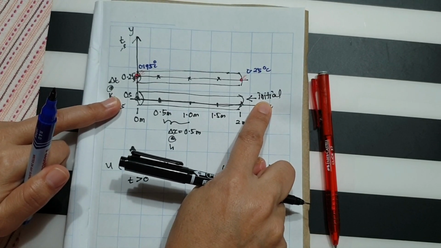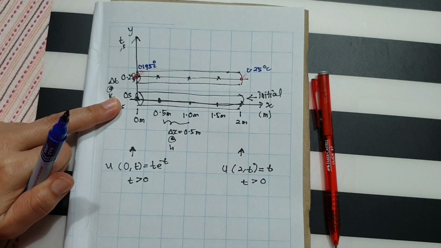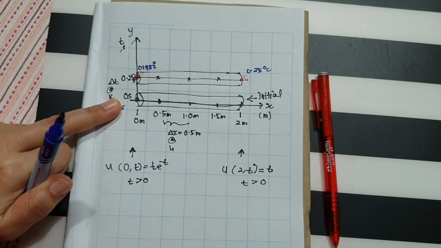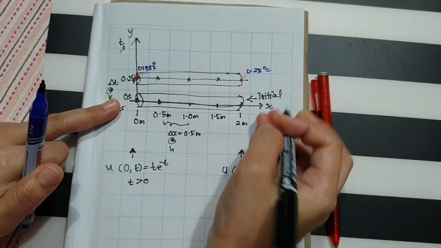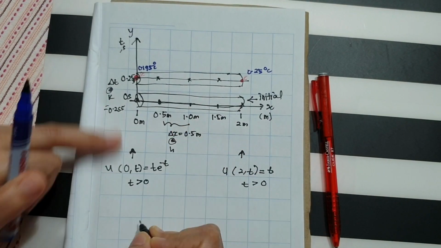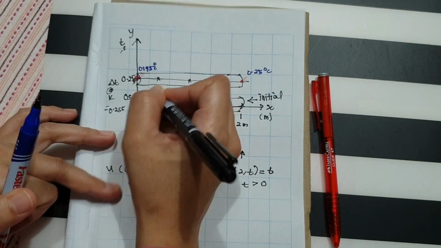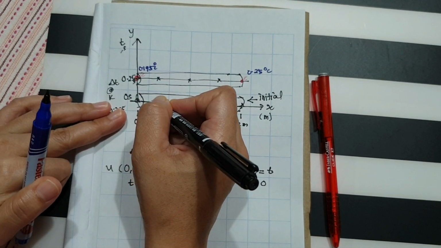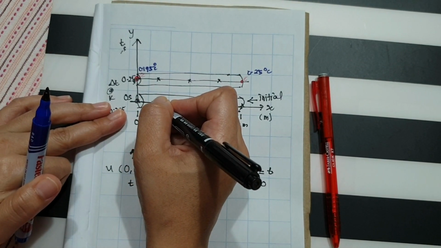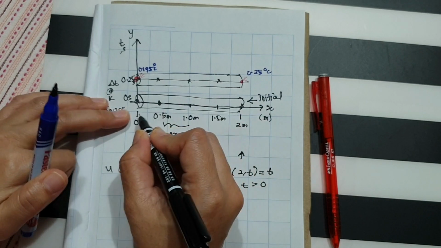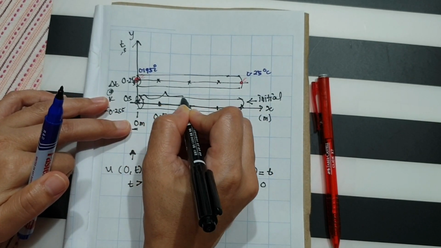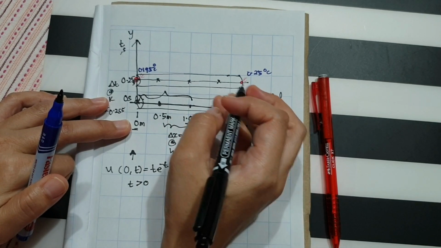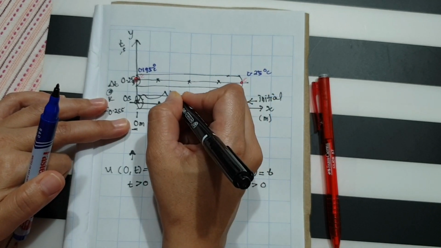From the question, at the initial condition, you have two conditions given. First, it's for the case where your x is between 0 to 1. For x between 0 to 1, the initial condition is given by x.